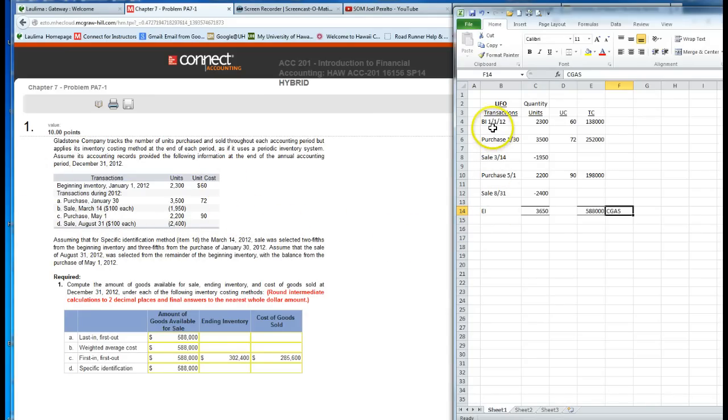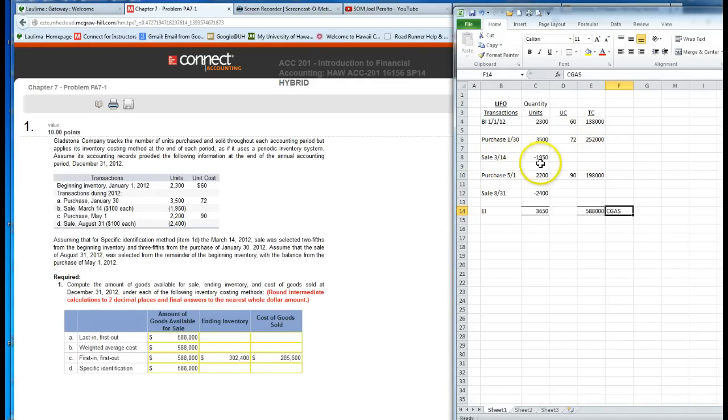And again, to review, we got the beginning inventory, 2,300 units at $60 each for a total of $138,000. Now, this is a calculation that I made. And then the purchase in January, 3,500 units at $72 each, total of $252,000. And again, this is a calculation I just did.